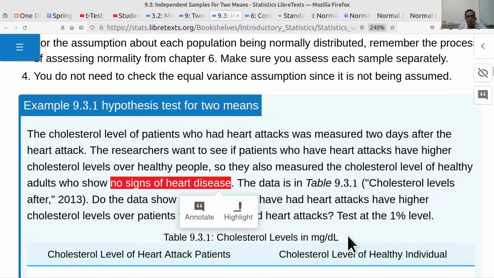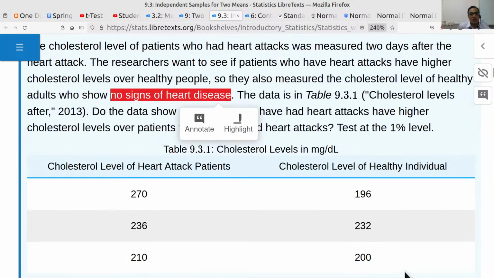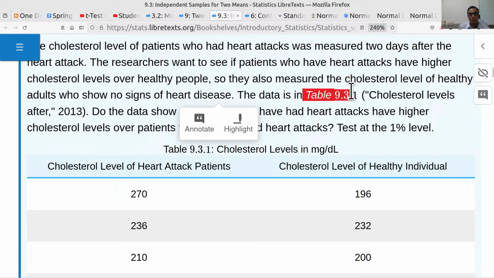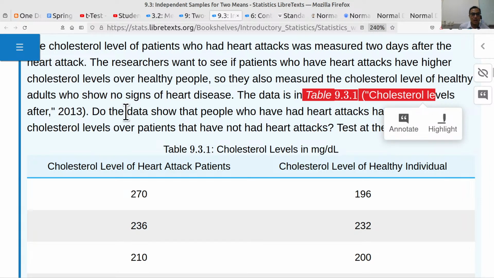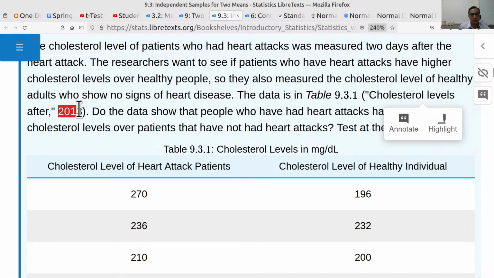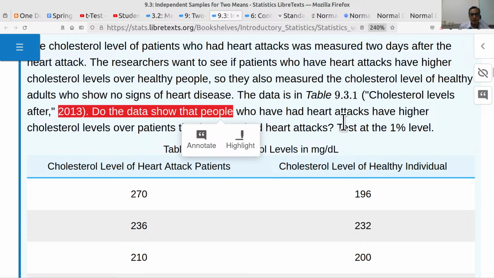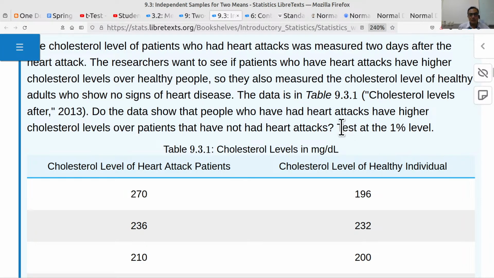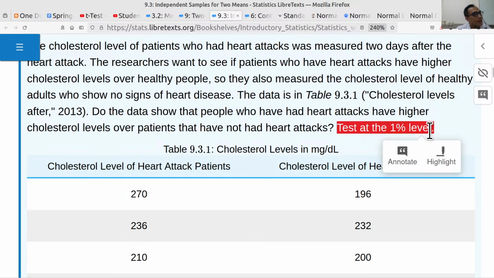Okay, then group 1 and group 2, they are obviously 2 different groups. Now, from this example, the author wants to compare those differences. The result is in table 9.3.1, cholesterol level from the year 2013. Data show how people have the heart attack, tested at the 1% level. Here is the condition given by the author.